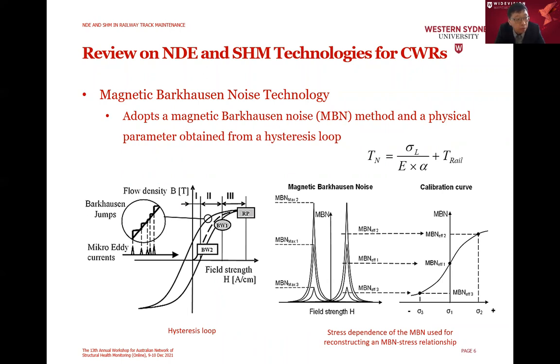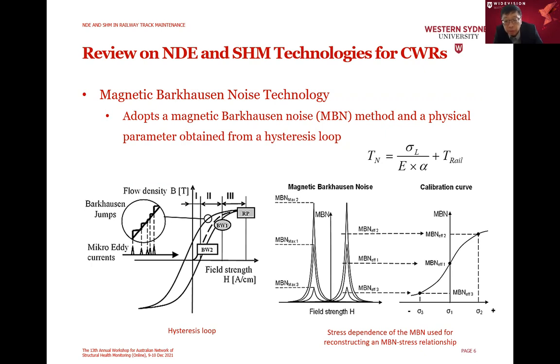The whole magnetization region, from region 1, region 2, to region 3, is of our interest, especially region 3. BN1 is Barkhausen noise type 1 and 2. We use BN1 and 2 in the magnetization region 3, and we measure the noise.